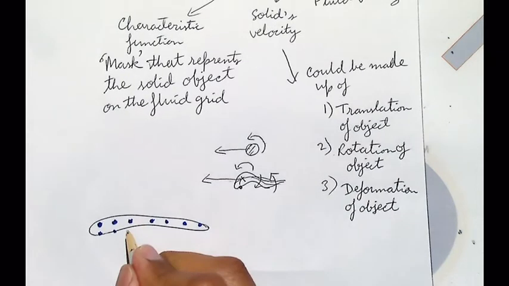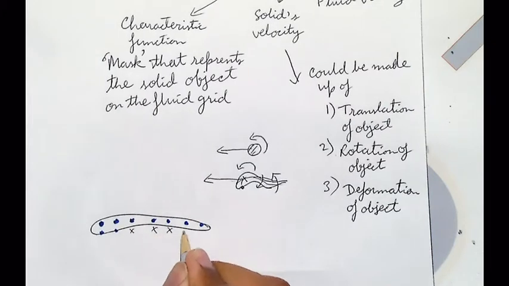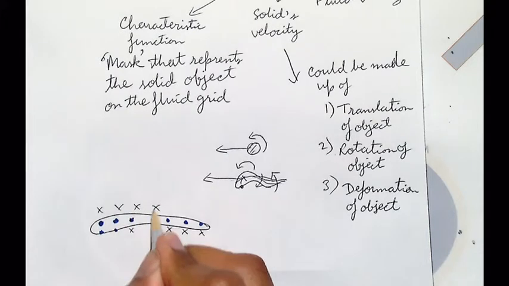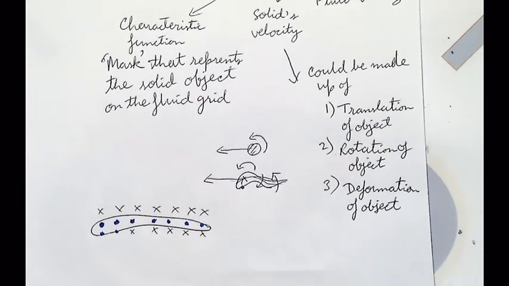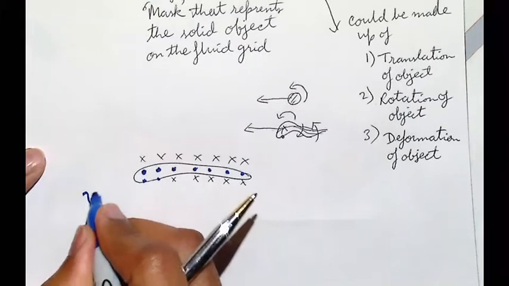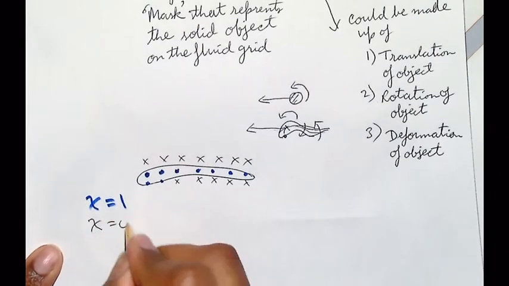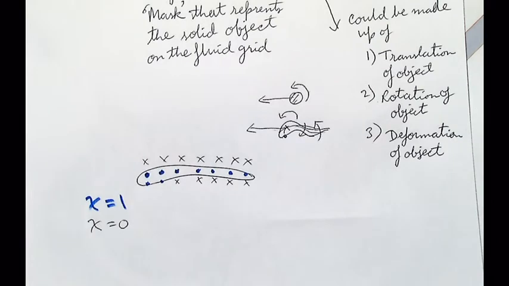Okay, and then there's nodes outside in the fluid, which are not blue. Okay, only the blue nodes have chi equal 1. The black nodes have chi equal 0. Is this okay for up until now?